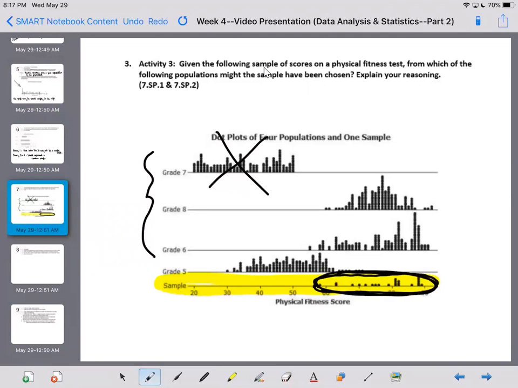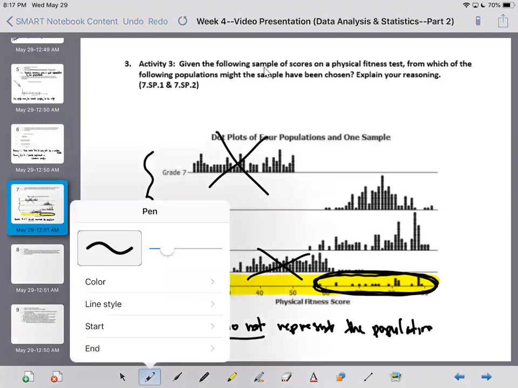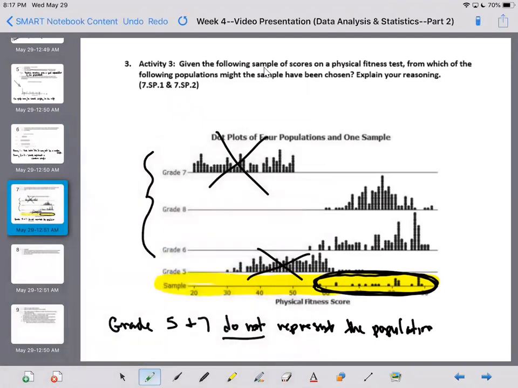And I would even venture a guess of grade 5. So I would even say grade 5 and 7 would not represent the population. Now you look at grade 8 and grade 6.